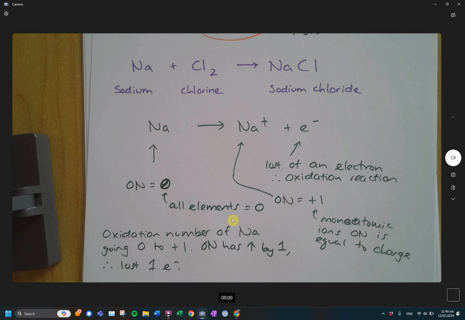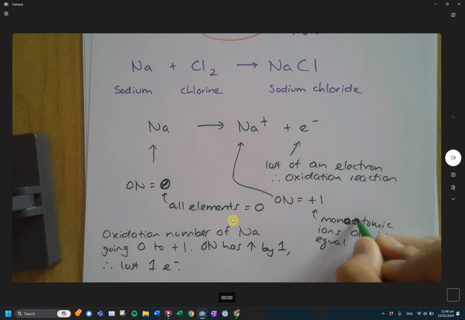Anything you need me to rewrite or explain? Monoatomic. That's supposed to be an O and then an A. Are we good?